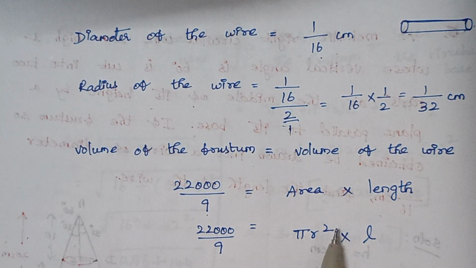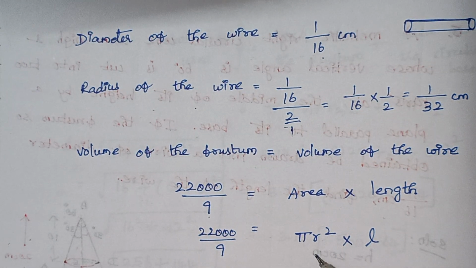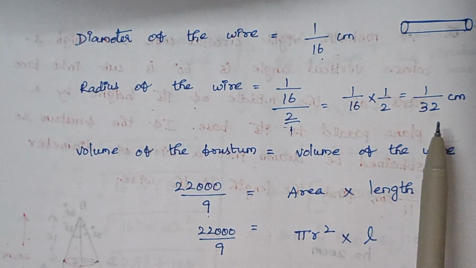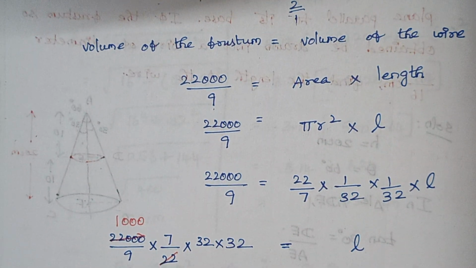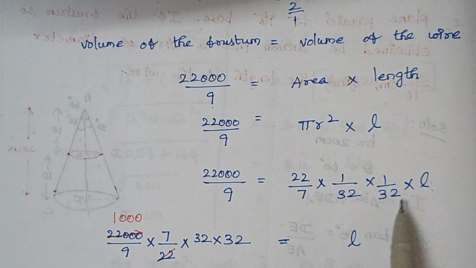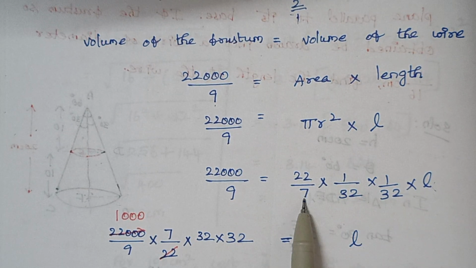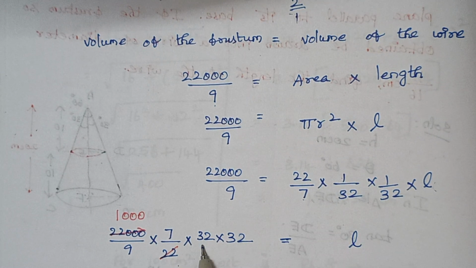So here it is pi r square into L. Now we know the value of R, so that we can easily calculate the value of L. So the value of R is 1 by 32. Just substitute it, and to find L, I am moving all these parameters to the left hand side. So here 22 by 7 becomes 7 by 22 and 1 by 32 becomes 32, right?